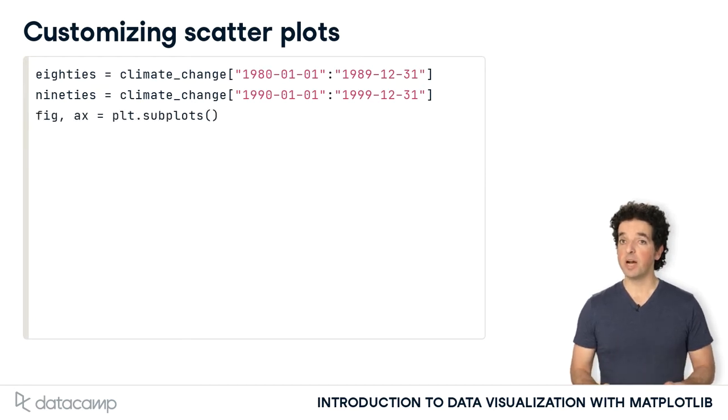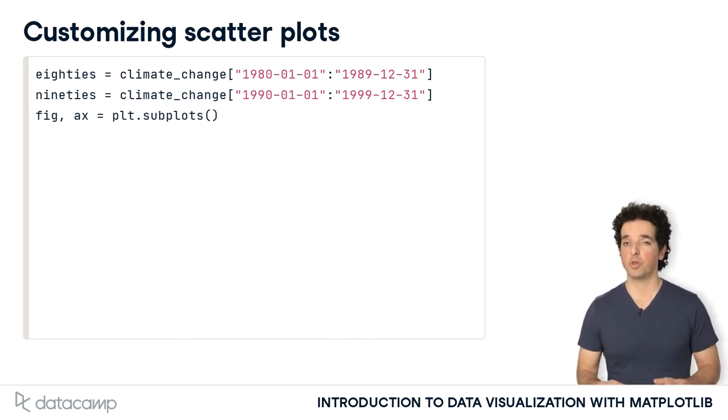We can customize scatter plots in a manner that is similar to the customization that we introduced in other plots. For example, if we want to show two bivariate comparisons side by side, we want to make sure that they are visually distinct. Here, we are going to plot two scatter plots on the same axes.